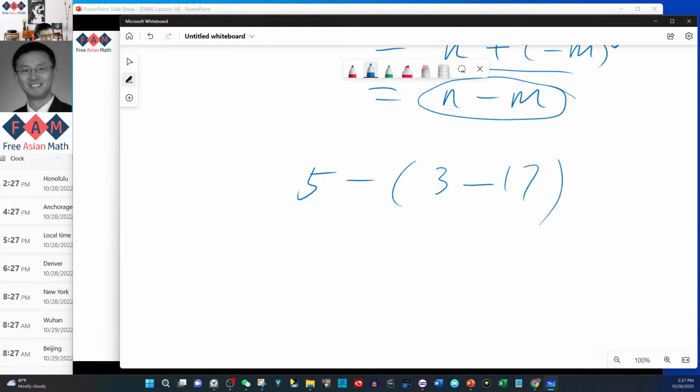Nope. Why is this not the same? Can we use this, say this is 5 minus 3 plus 17, or even better, this is plus this? Can we do that? Yes and no. We cannot jump from here to here directly, but we can prove this is true.